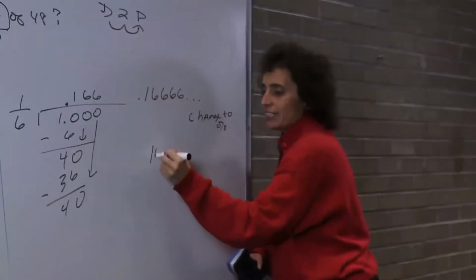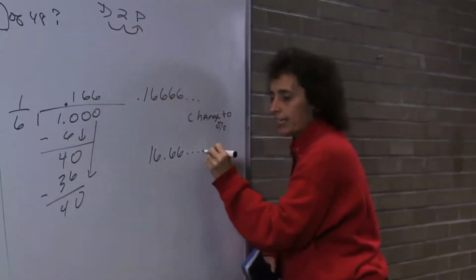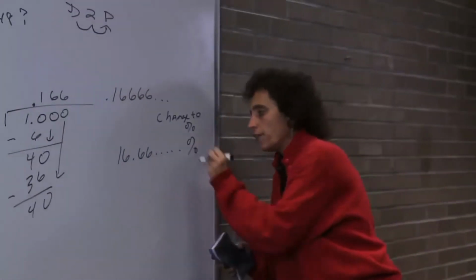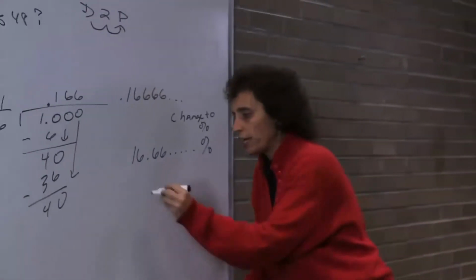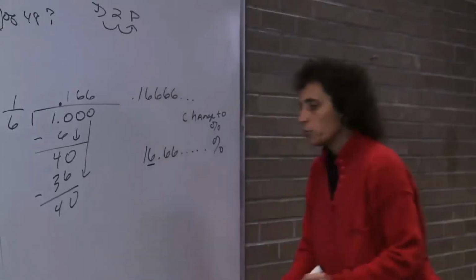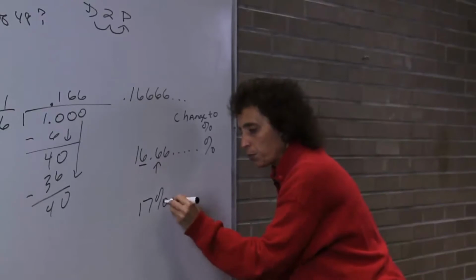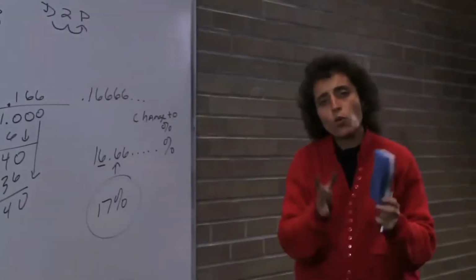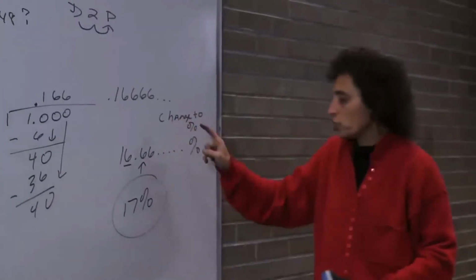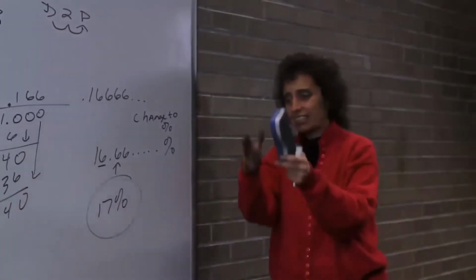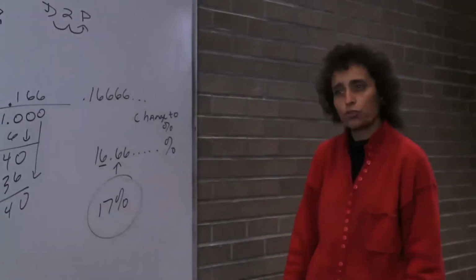So this is 16.66 and so on. If you want to go to the nearest whole percent, here's my ones place. Look at this, raise it up, 17%. But it depends where you want to round to. I would first change it to a percent and then do the rounding. Didn't say, so I'm going to round to the nearest whole percent.